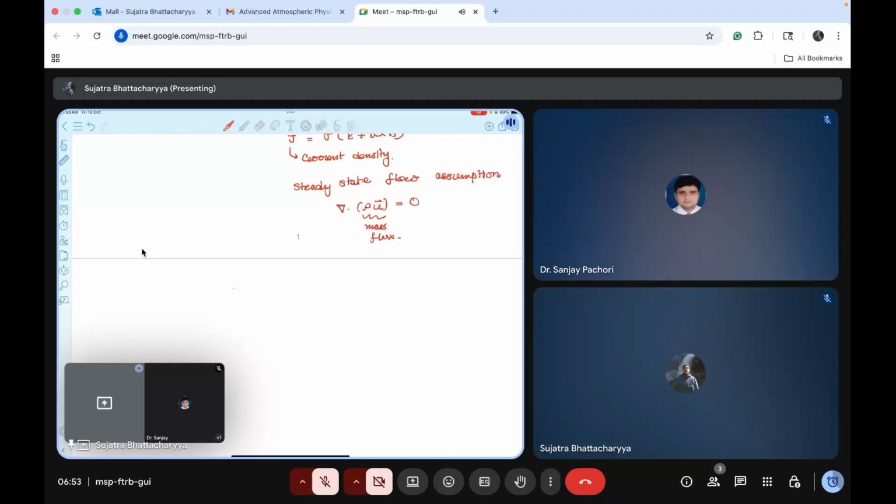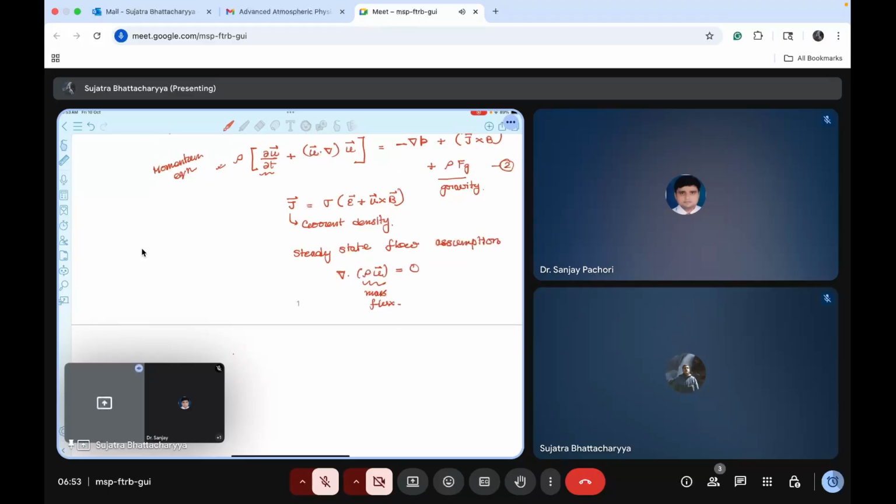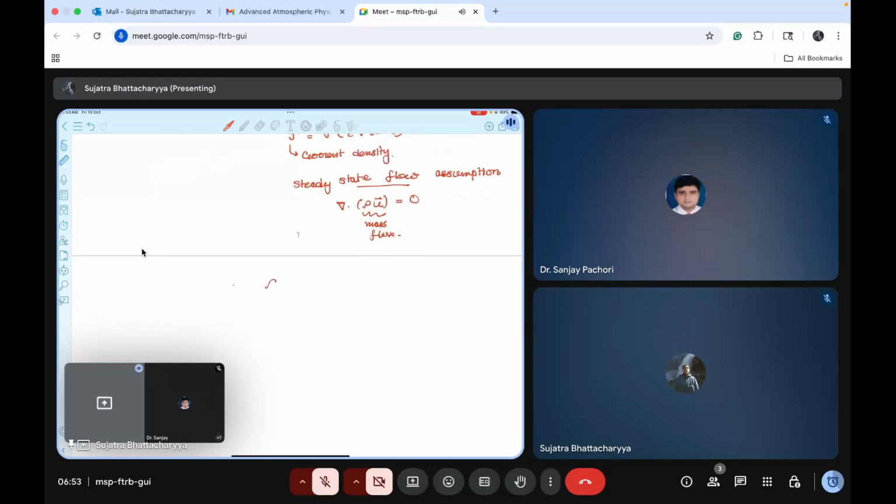Therefore from the momentum equation, this term is zero now because we have the steady state flow assumption. So you have now rho u dot grad u equal to minus grad P plus J cross B plus rho g.